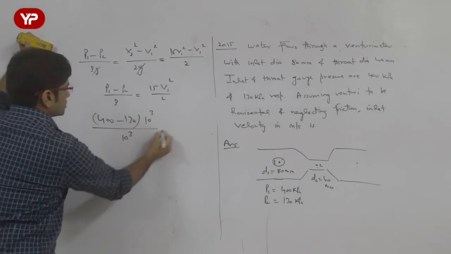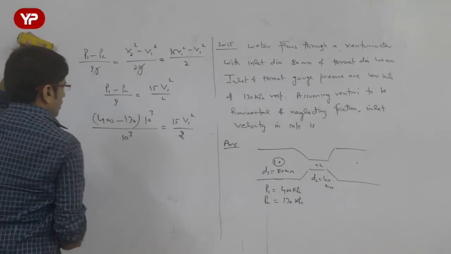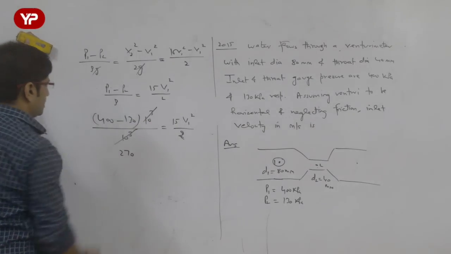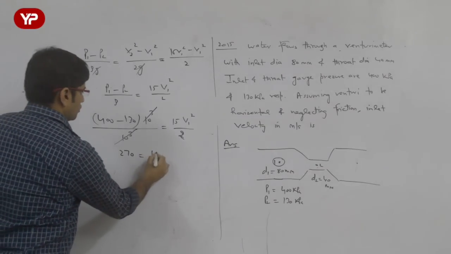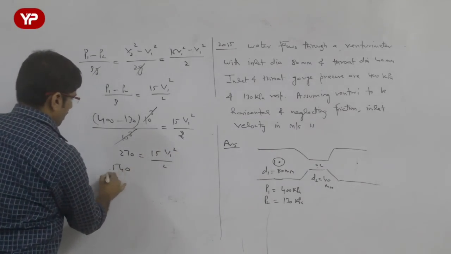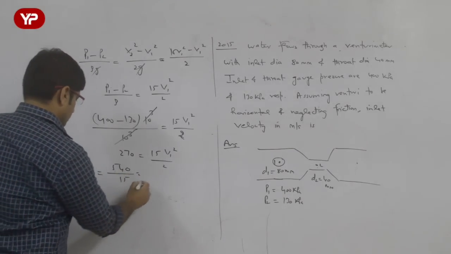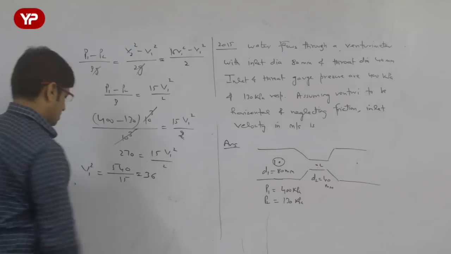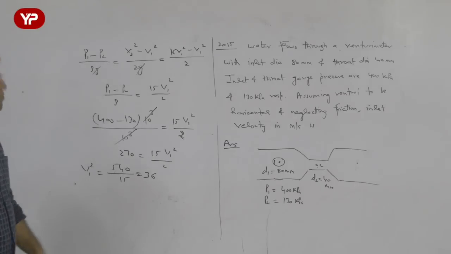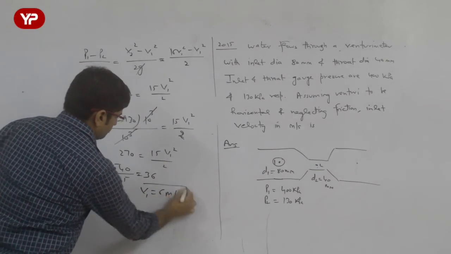For water it is 10 raised to power 3. Now let's see what gets cancelled out. This is equal to 270, 270 is equal to 15 V1 square by 2. It comes out to be 540 by 15 V1 square. Now this further comes out to be 36, if I'm not wrong. 5 3 is 15, 45, 5 9, 5 16. Okay, so V1 is coming out to be 6 meter per second.